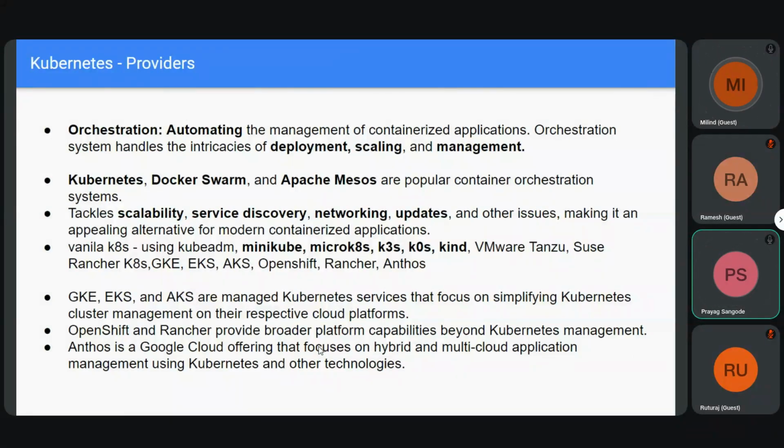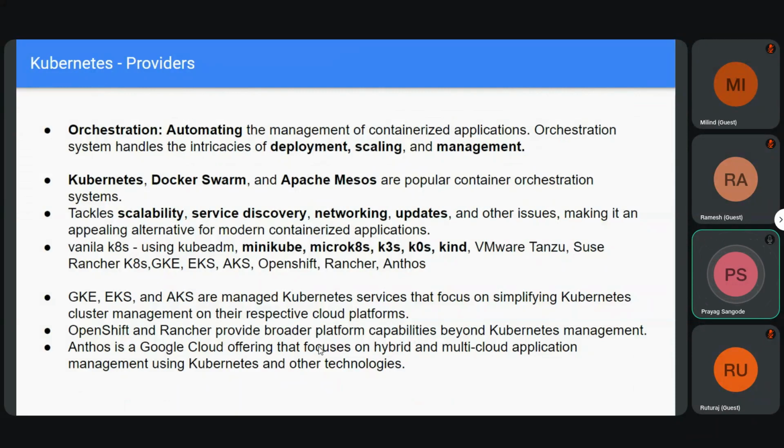If we are biased toward Docker, then we can also use Docker Swarm, which is one of the applications we can use to achieve orchestration. Then we also have Apache Mesos. These are some of the popular container orchestration providers.